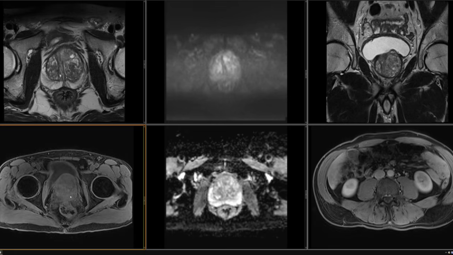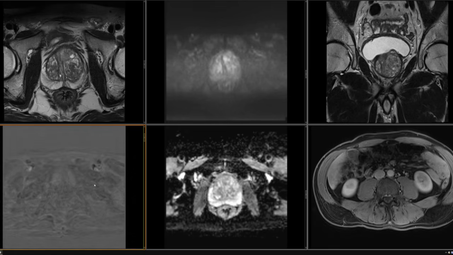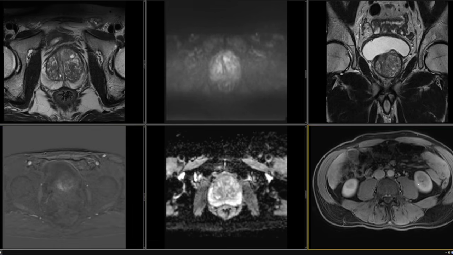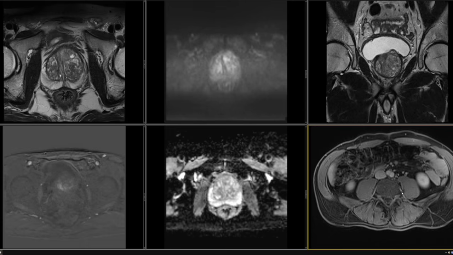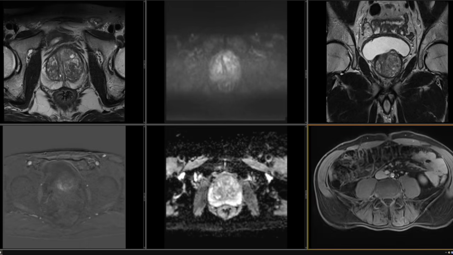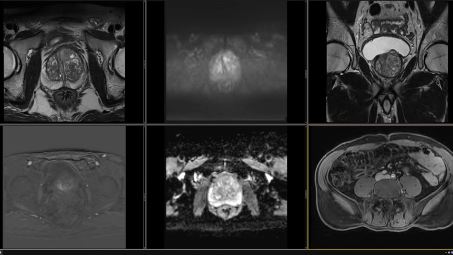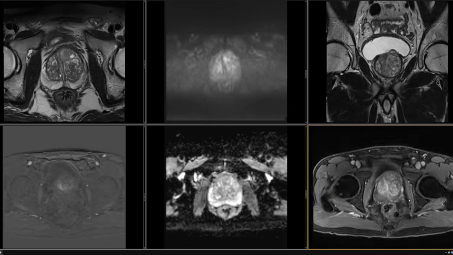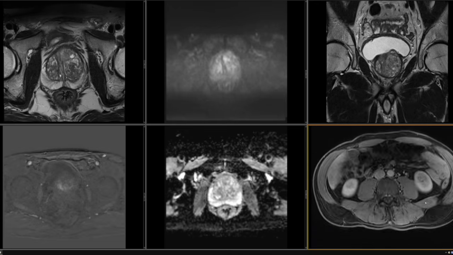And then we have our dynamic post-contrast study before, during, and after gadolinium administration. Then we have one wide field of view acquisition. So this is from at least above the aortic bifurcation and of the entire pelvis to look for lymph nodes as well as other abnormalities, including looking at the bones. And so those are the core sequences that we need to acquire when we're doing a prostate MRI.